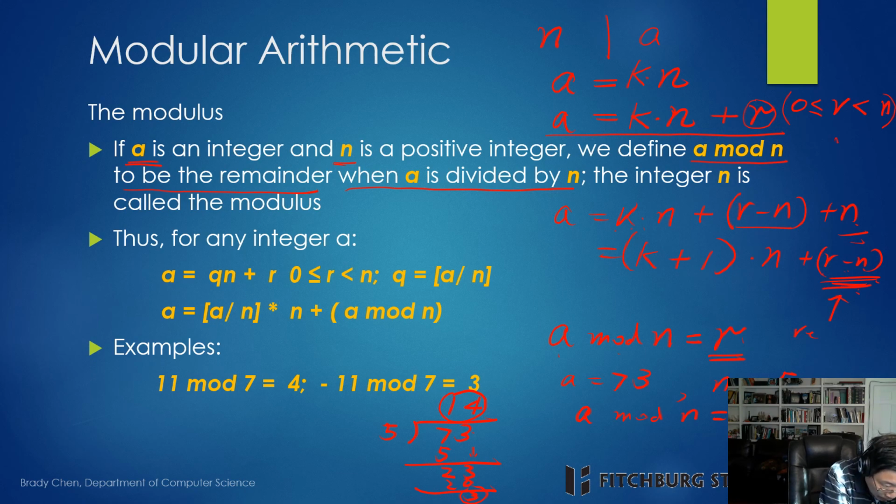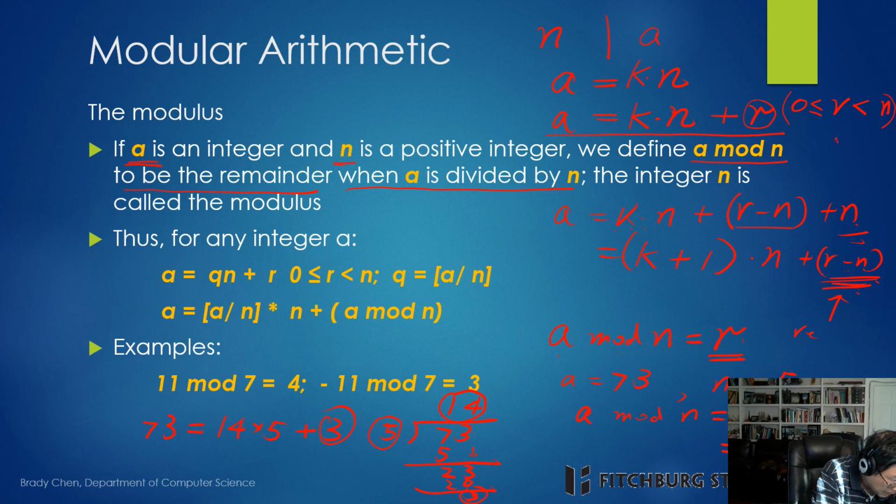So 3 is the answer. In the meantime, we can write 73 as the quotient times the divisor 5 plus the remainder 3. So the remainder is the result of the modular operation.